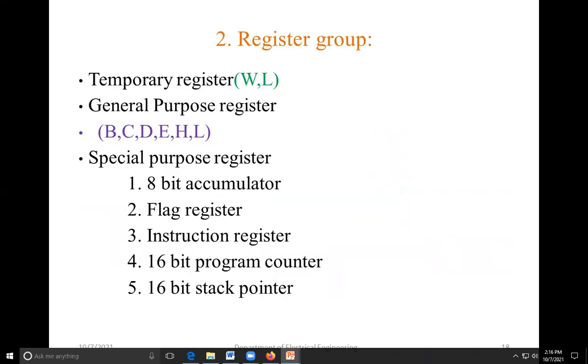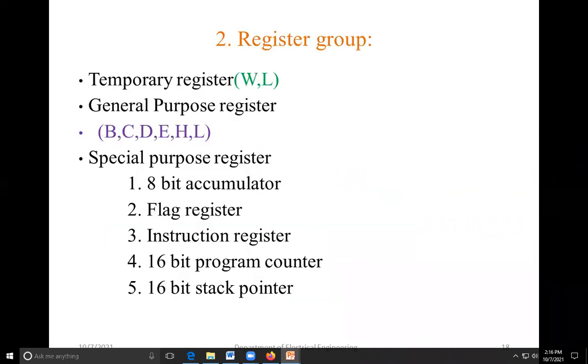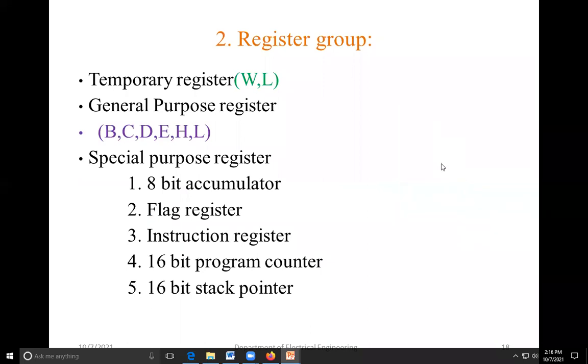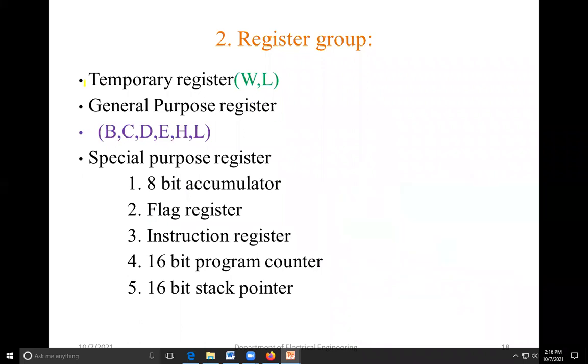This is the register group. Next part after the ALU is the register groups. What types of registers are there? The first is the temporary registers, W and Z. They are only used by the processor, not by the user.